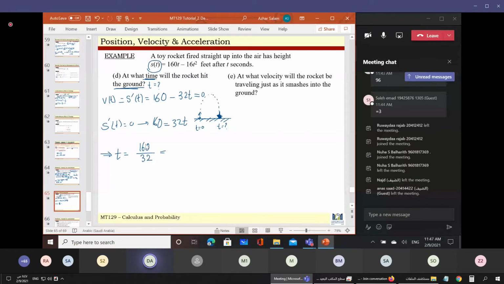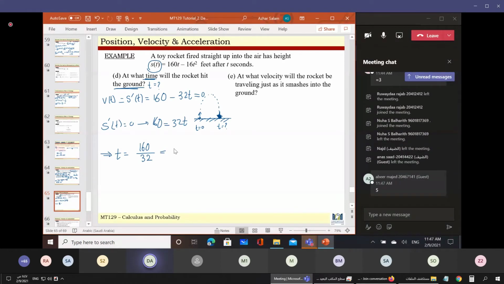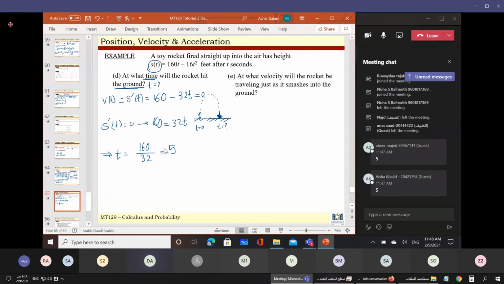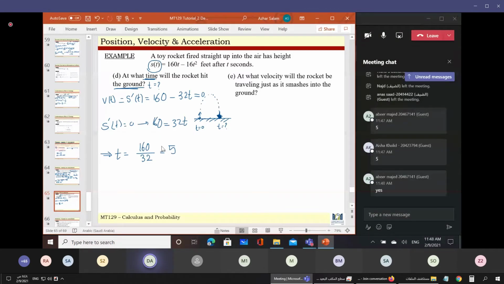Someone just divide these numbers and give me the result. 5. Okay, it will be after 5 seconds. The speed will be 0 after 5 seconds.